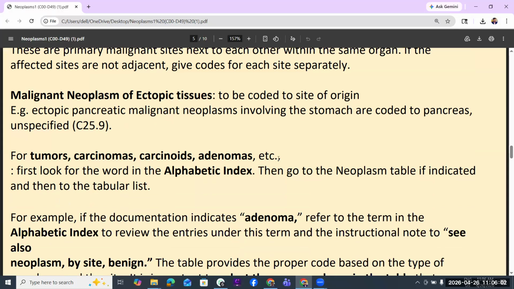For tumors like carcinoids, adenomas, etc., first look for the word in the alphabetic index, then go to the neoplasm table if indicated, and then to the tabular list. In this way we will find the ICD code. For example, if the documentation includes adenoma, refer to the alphabetic index to review the entries under these terms and instructional notes to see also.